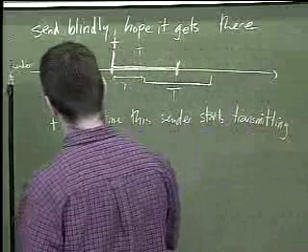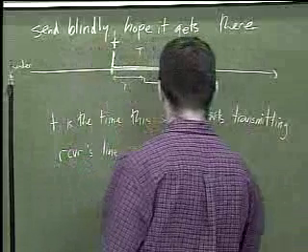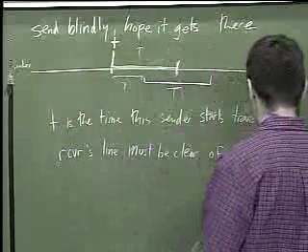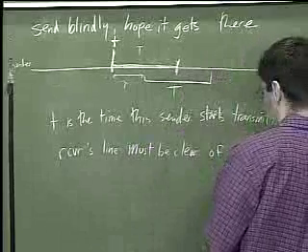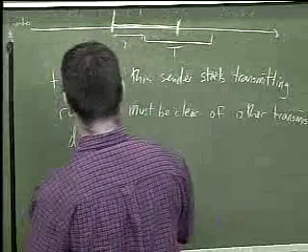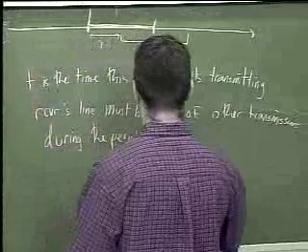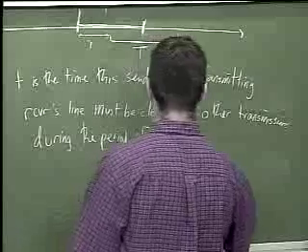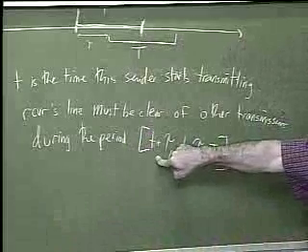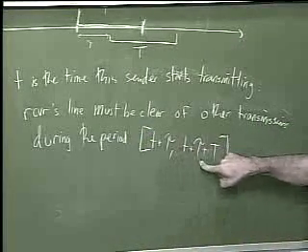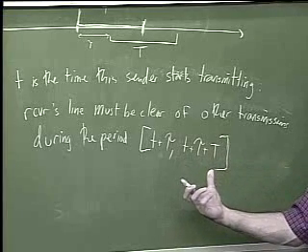Then the receiver's line must be clear of other transmissions during the period t plus tau to t plus tau plus t. This is when my transmission will first start arriving at the receiver, and this is when my transmission will complete arriving at the receiver. So no other transmissions come in that time. Okay?